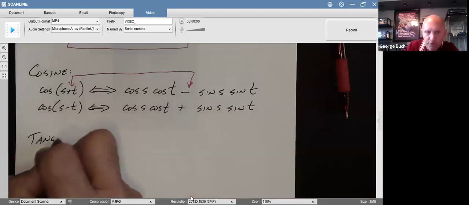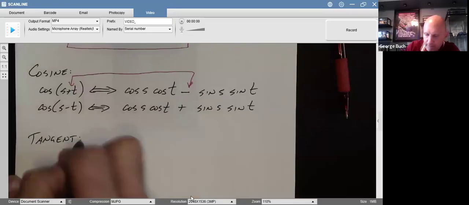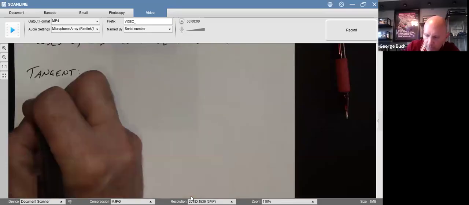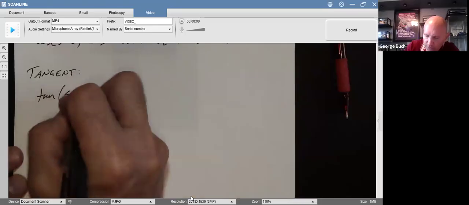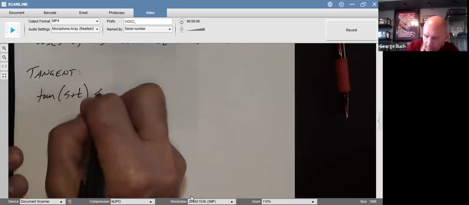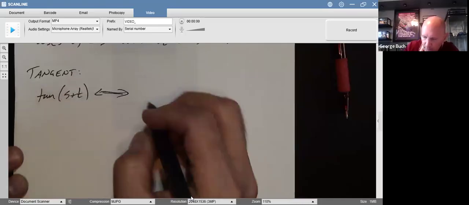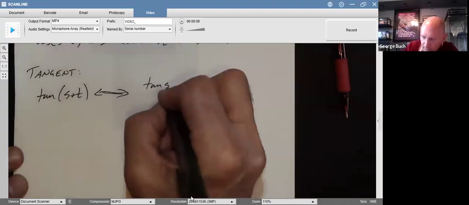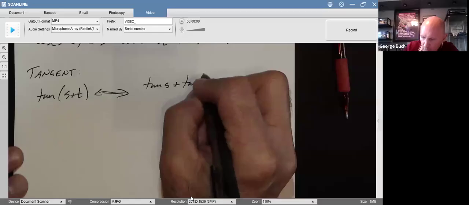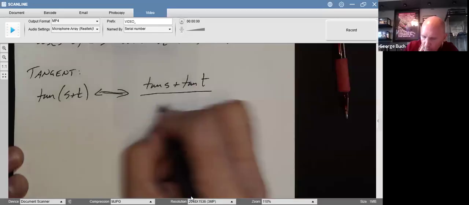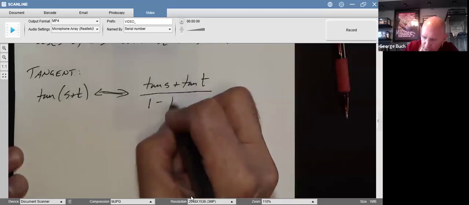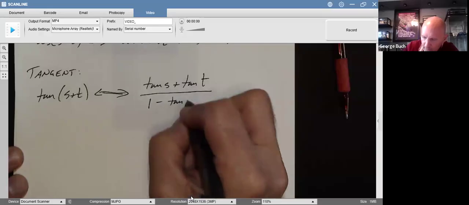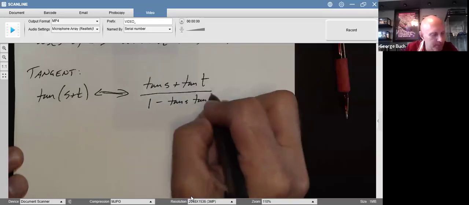And then lastly, for tangent, so tangent of s plus t, these are a little bit funky, but it's tangent of s plus tangent of t over 1 minus tangent of s times tangent of t.